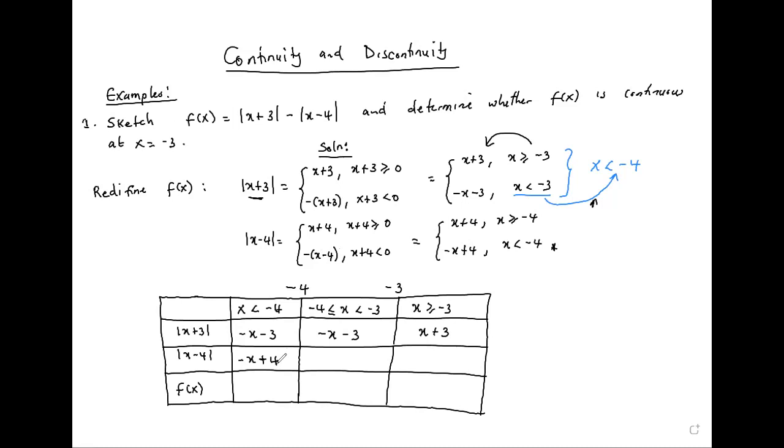And then when x is greater than -4 but less than -3, the function still uses x minus 4. When x is greater than -3, we have x minus 4. I wrote plus 4 because I made a mistake there, so we do that correction.